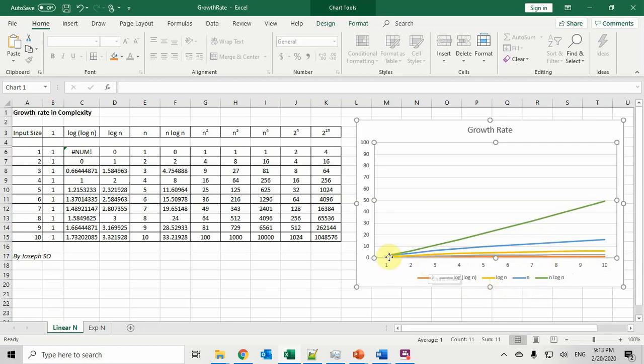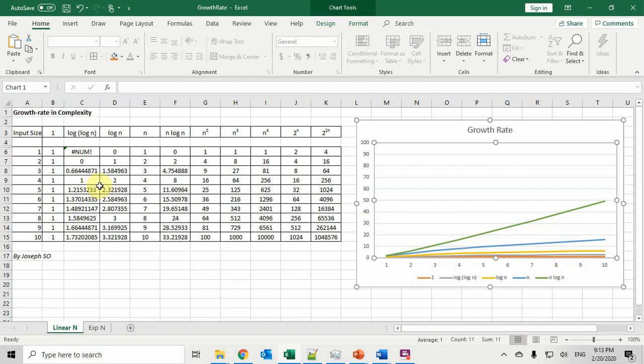Therefore, if we can keep the growth rate low, then the processing operation will stay at a low level, even as the input size is growing.